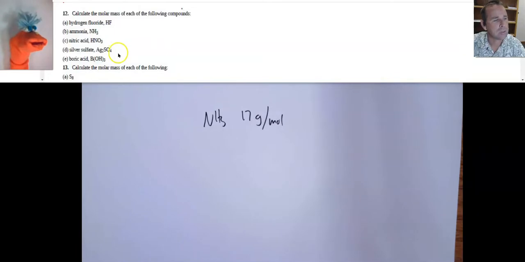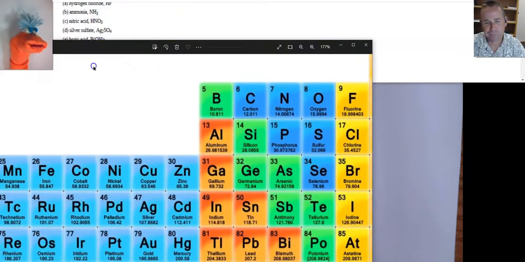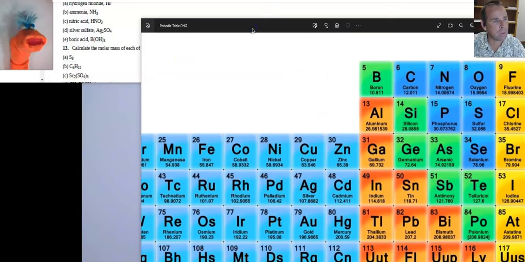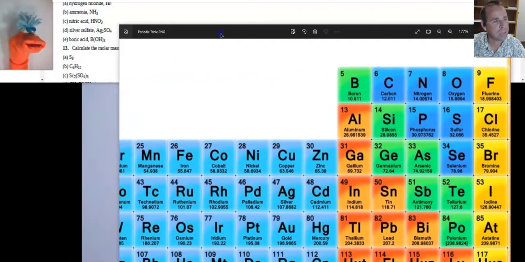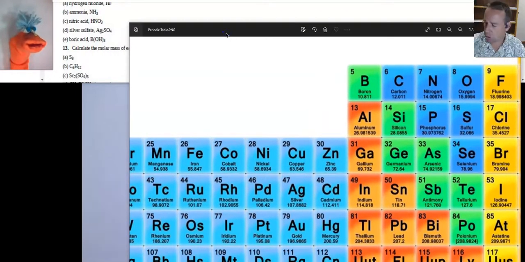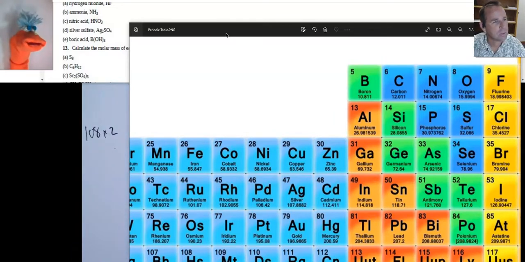Good. Silver sulfate. Silver. I don't know silver. I think it's 107. 107.8. So 108 is what we'll use for silver. So how many silvers do we need? Oh, 2. All right, good. And then SO4. So 108 times 2, that's for our silver. Sulfur, just 1, and that's 32.1.